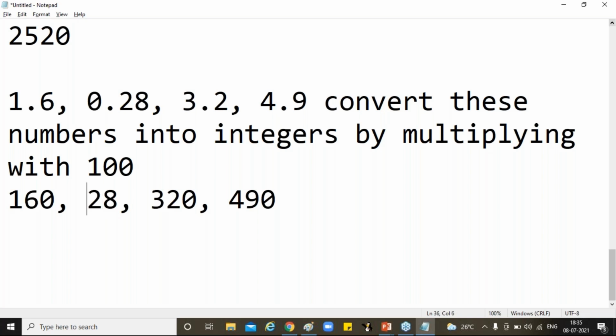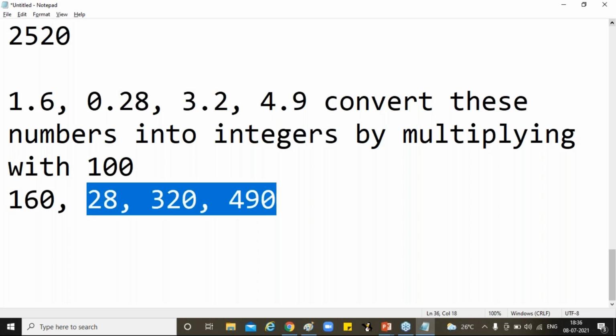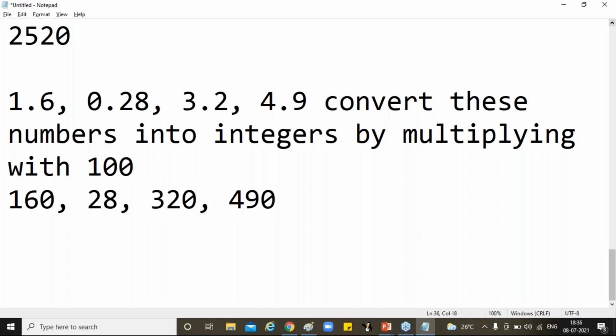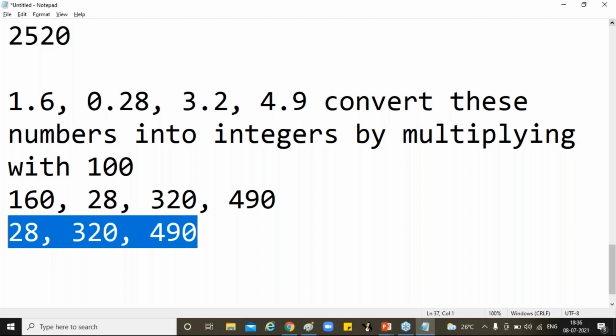Why should we consider 320 again? Instead of finding the LCM for 4 numbers, better to find the LCM of only 3 numbers, because 160 is one factor of 320. For 160 and 320, compulsory the LCM is 320.